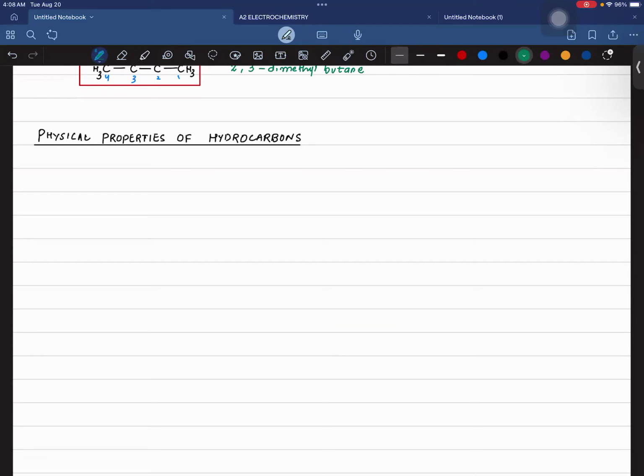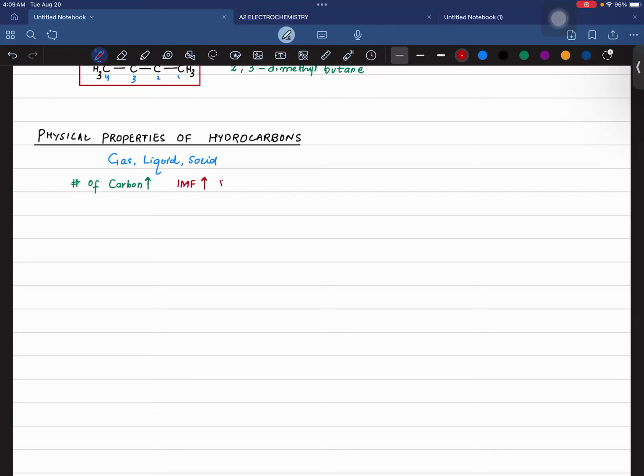So physical properties of hydrocarbons. Number one, they may be gas, maybe liquid, and maybe solid. Basically it depends. Let's suppose as the number of carbon increases, then the intermolecular force of attraction increases.